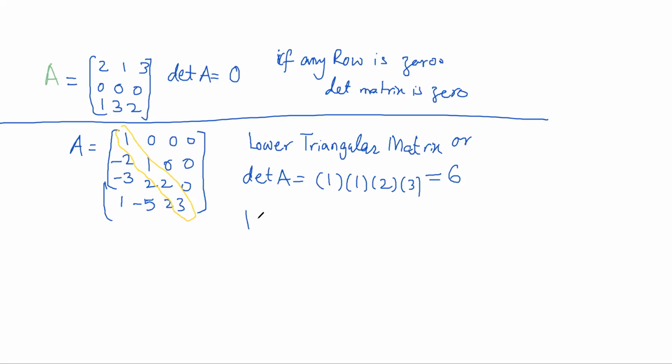Its determinant is 1 multiplied by the determinant of 1, 0, 0, 2, 2, 0, and minus 5, 2, and 3. This one is the cofactor, and then its determinant will be 2, 0, 2, 3. And from this we find that it is simply 6.